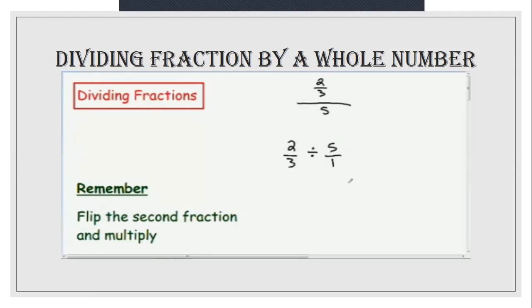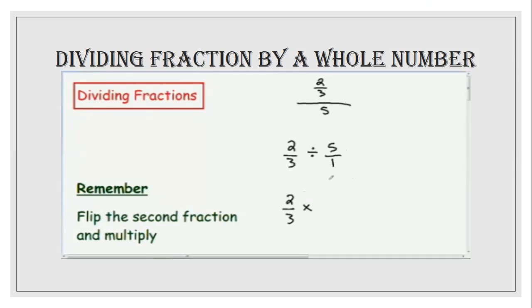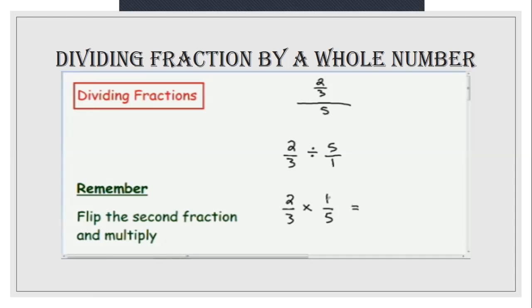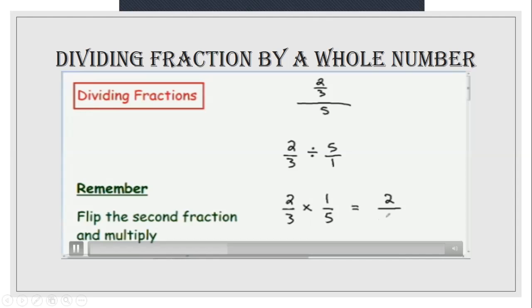Anytime you divide by 1, it doesn't change anything. So in order to divide these two fractions, I'm going to multiply by the reciprocal of 5 over 1, which is just 1 over 5. Now I can multiply the two numerators: 2 times 1 is just 2, and 3 times 5 is just 15.